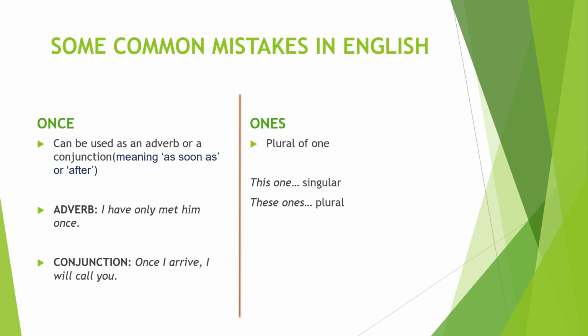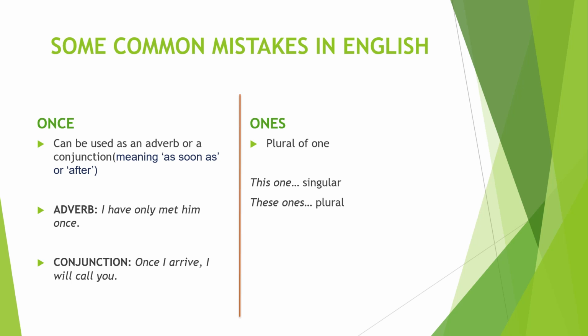With adverbs, we have what we call adverb of frequency, which answers the question of how often. So the speaker says, I have only met him once. Tells you the number of times the speaker has met an individual.